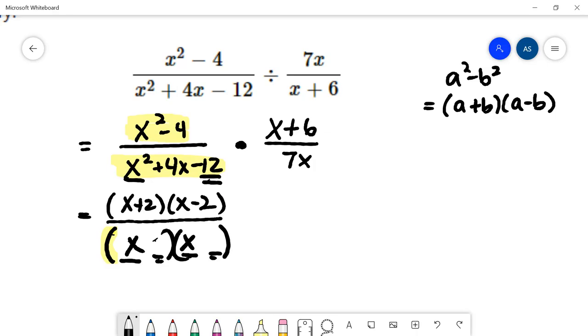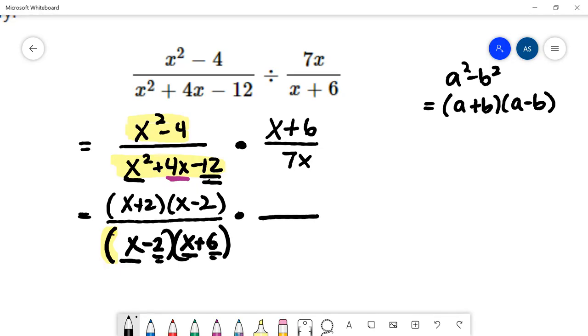I'm going to choose 2 times 6. And we need a plus 6 and a minus 2 so that we get that 4x in the middle. So we got 2 numbers that multiplied to be negative 12 and added to be 4.